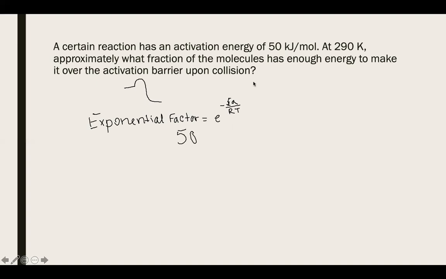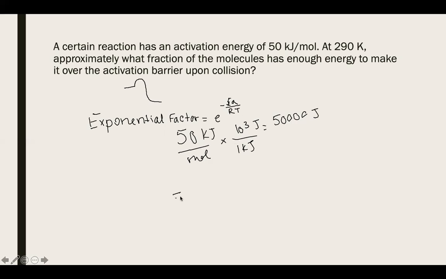Because it's in kilojoules right now, 50 kilojoules per mole, to convert into joules you'd say 1 kilojoule is equal to 10 to the third joules. Then you'd have 50,000 joules as your activation energy.